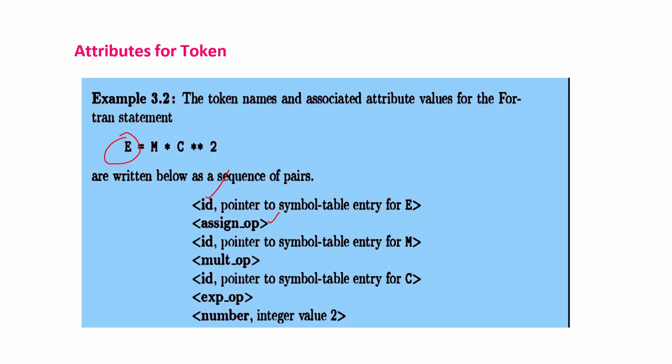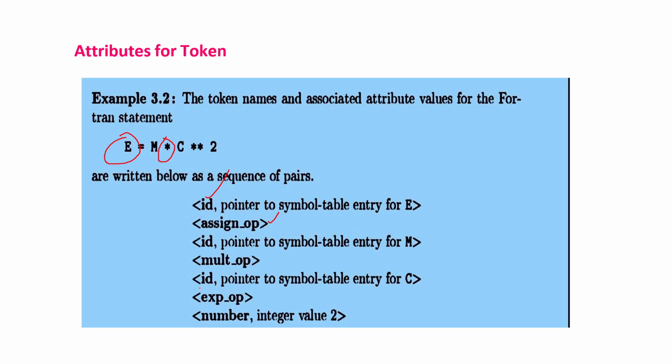The operator is the assignment operator. The second one, M, is also an ID, so it is a pointer to the symbol table entry for capital M. The operator is the multiplication operator.